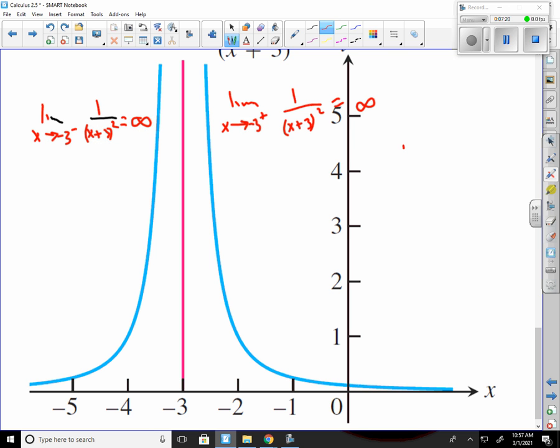So then my whole limit as x approaches negative 3 of the equation would be infinity, because they both go to the same location. So these are kind of easy to see whenever we look at this, coming from the left and right-hand side.